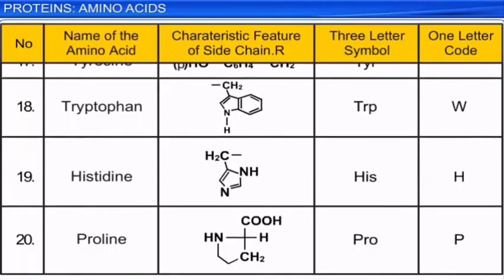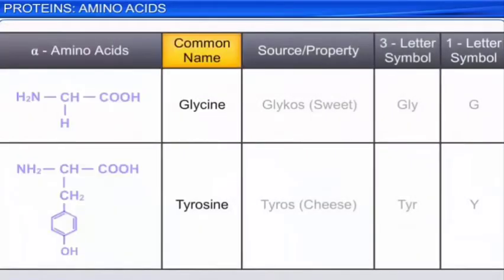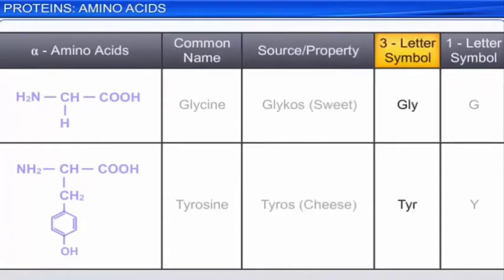Every alpha amino acid has a common name. These common names reflect either the source or the property of that compound. Alpha amino acids are usually represented by a 3-letter symbol and sometimes by a 1-letter symbol.